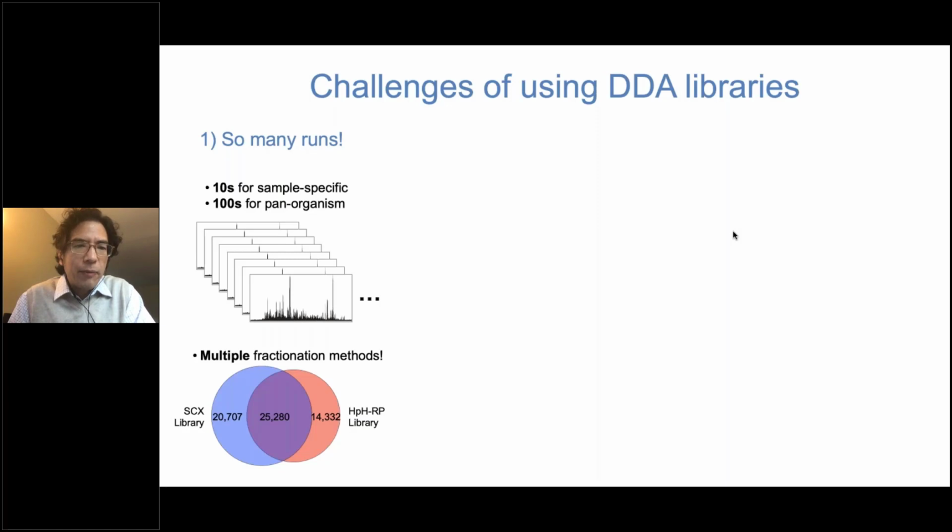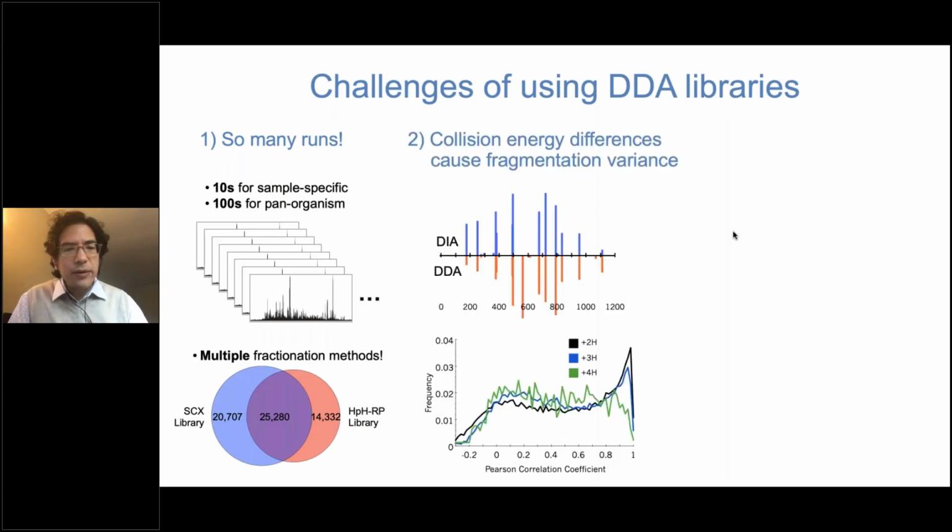Many times when we try to do these types of experiments, we'll have to look at 40 or 50 different DDA runs just to generate the library itself. And then if you're trying to build a pan-organismal library, you really need hundreds to thousands of runs. The other aspect is that you really also need to use lots of different fractionation methods. In this case, SCX and high pH reverse phase actually provide very different overlaps of types of peptides.